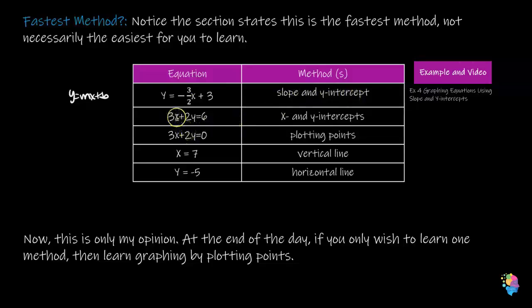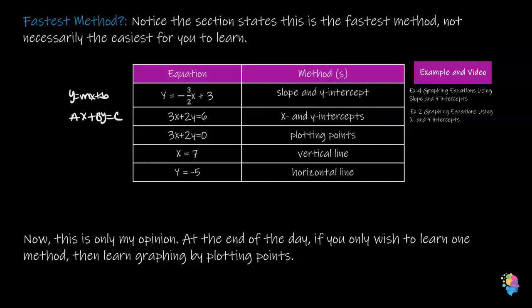Now, if your equation is in standard form, remember that one is ax plus by equals c, then my recommendation is that you use the x and y intercept method. This one was example 2.